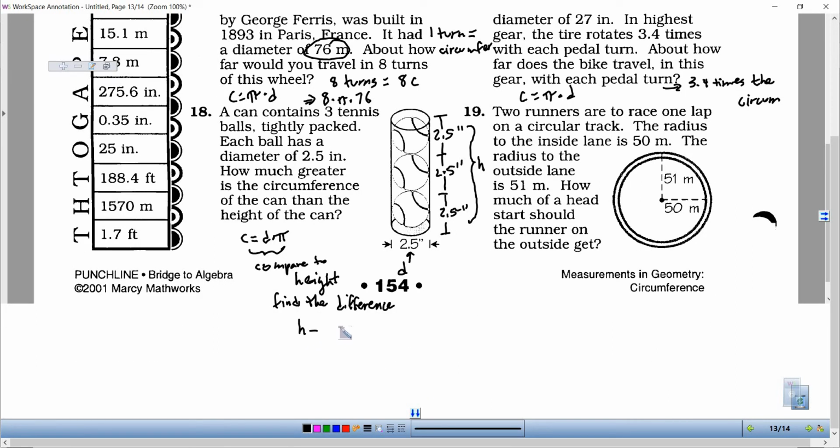The height minus the circumference is equal to, actually it says the circumference is greater, huh? So it's the circumference minus the height is equal to the difference. You actually could just think this one through. If you think about what pi is, right here, pi times diameter is what we usually do. All right, there's 3 of these, and pi is 3.14.